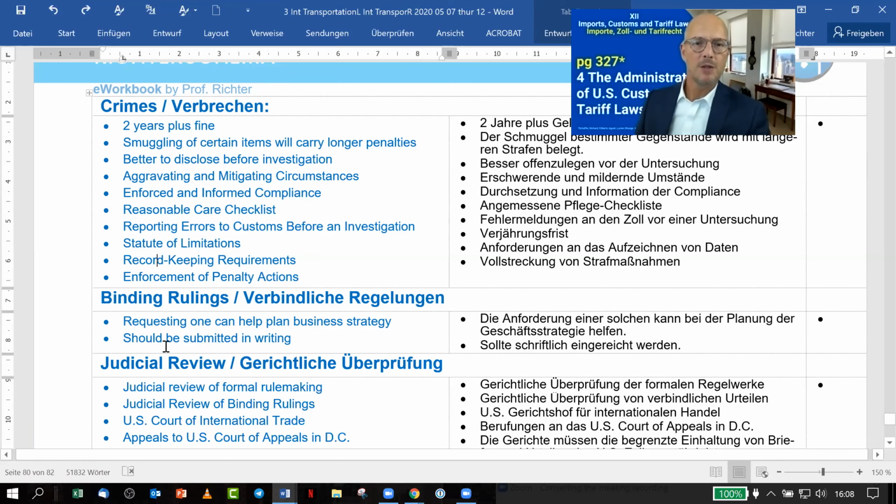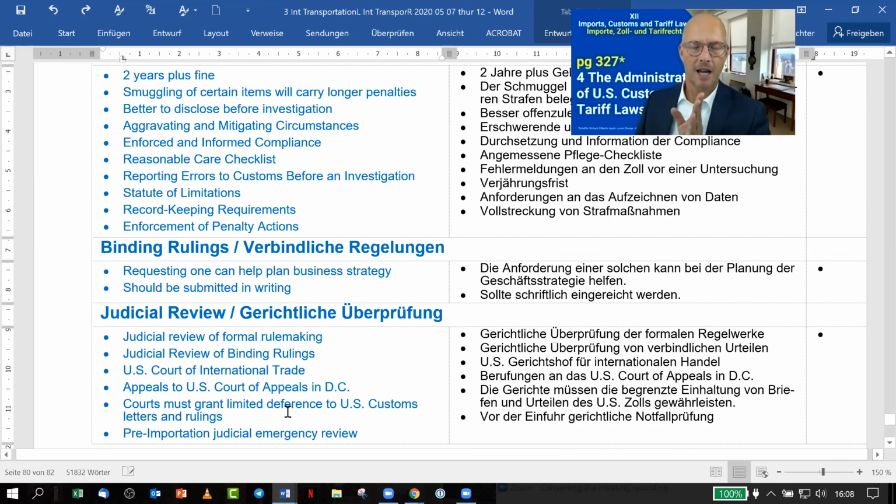The binding rules are very important. So for your business strategy, you should always follow these rules, and you should always submit these in writing. So you can say, okay, I will follow all these tariff rules.